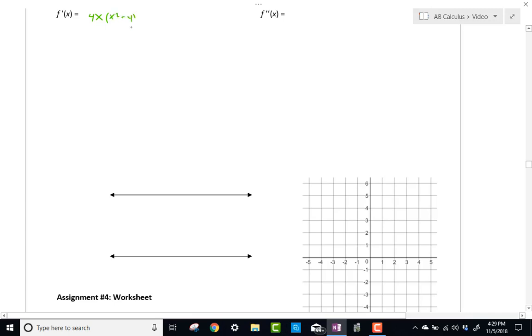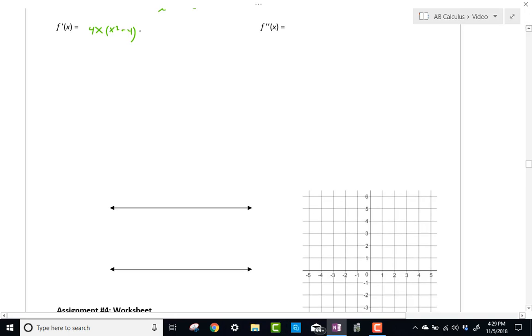Sorry, I have to look back and forth because I can't see up top anymore. 4x times x squared minus 4, and then minus the numerator, which is 2 times x squared minus 9, times the derivative of the denominator, that's going to be 2x, all over the denominator squared, so that's x squared minus 4, squared.